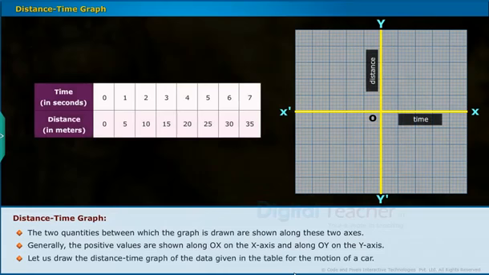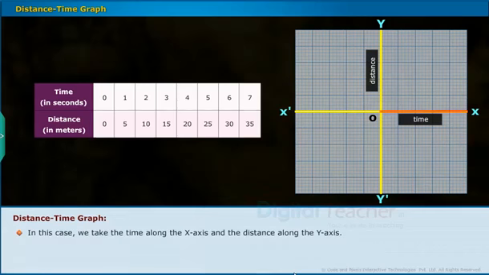Let us draw the distance time graph of the data given in the table for the motion of a car. Decide the quantity to be shown along the x-axis and that to be shown along the y-axis. In this case, we take the time along the x-axis and the distance along the y-axis.